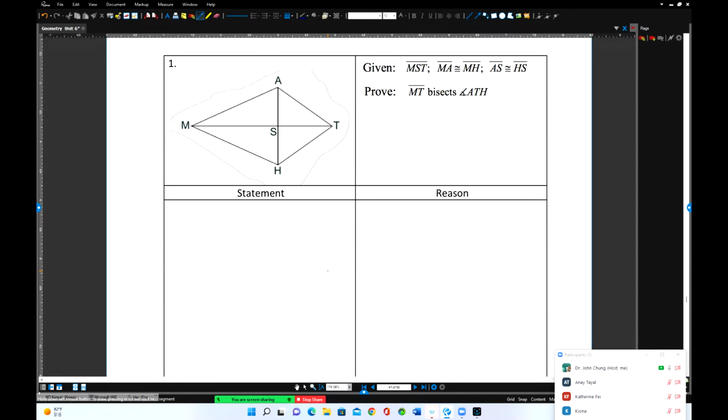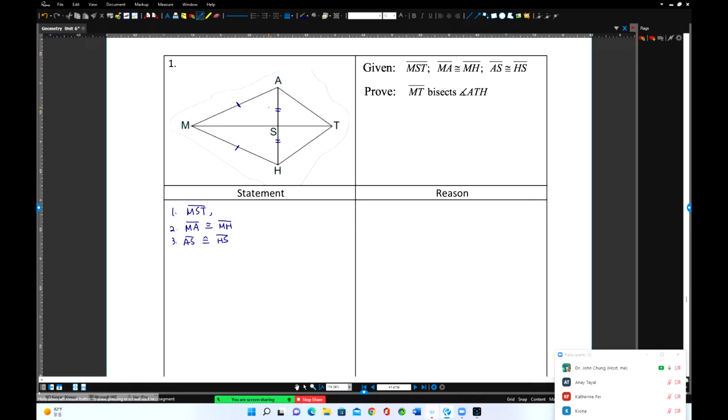Okay, here. MST, straight line, and the number 2, MA congruent MH, and then AS congruent HS. These two sides congruent.